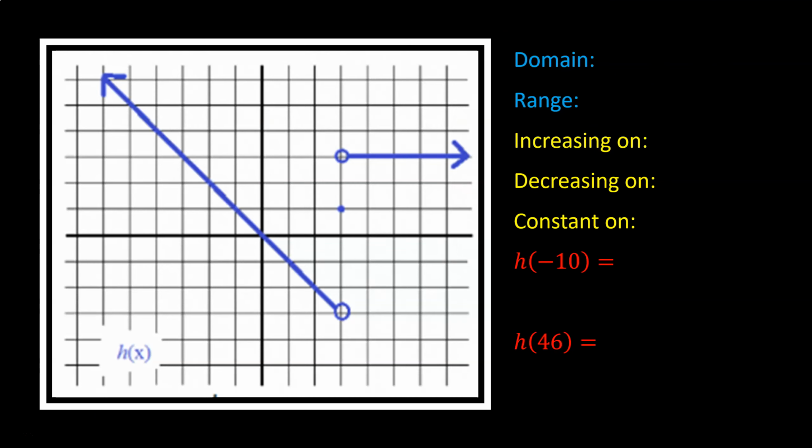All right, now given a piecewise function, let's practice looking at the domain, range, and all of the other things that we have learned before. Okay, so the domain is the set of possible inputs. In this case, we are moving along the x-axis.